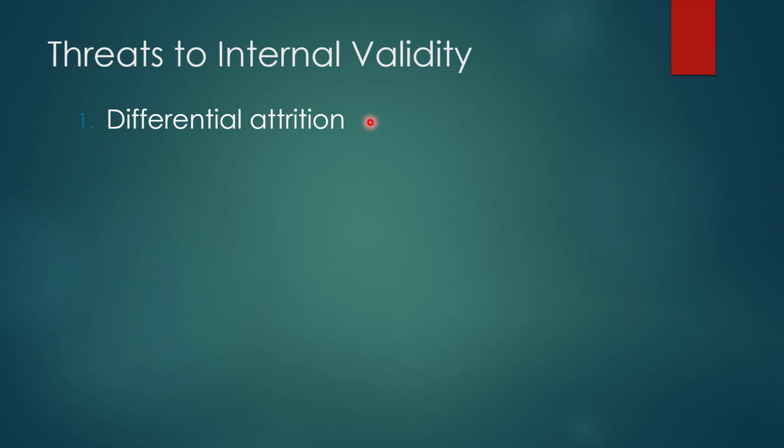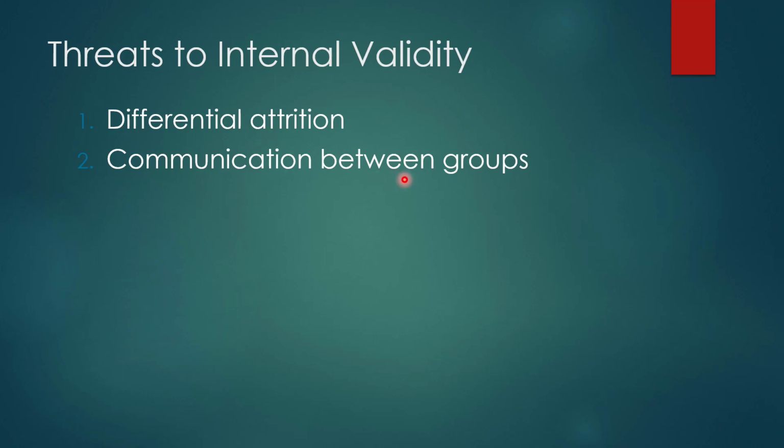And maybe it's in one condition versus another because one condition requires something different. That differential attrition could create large differences between groups and create problems for you. Also, if you have any communication between the groups, so if the groups are communicating and letting each other know what's going on in the other one, then that can influence your internal validity as well.